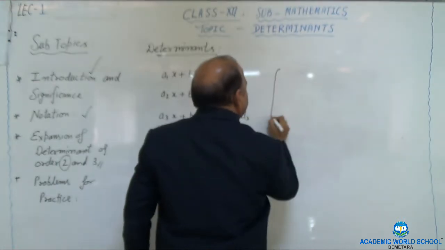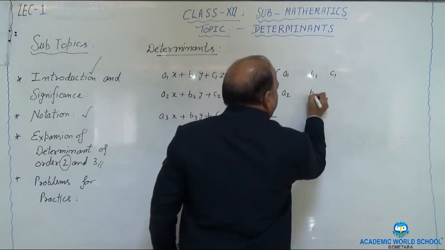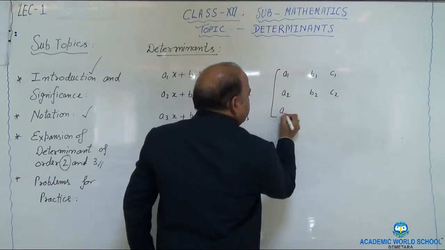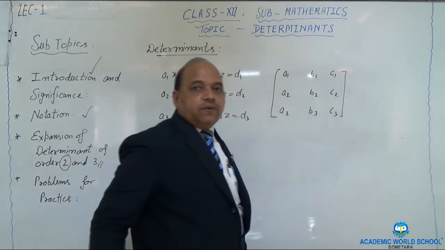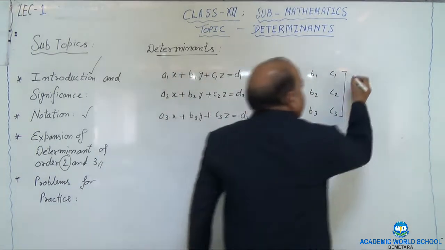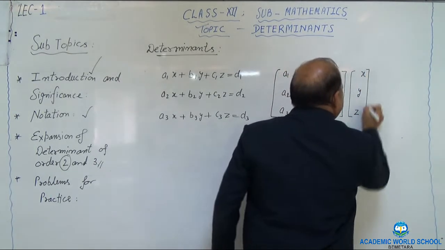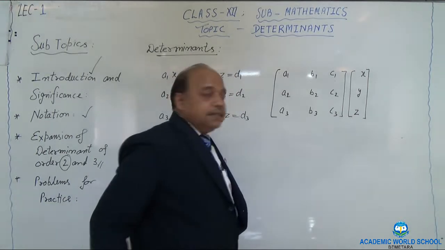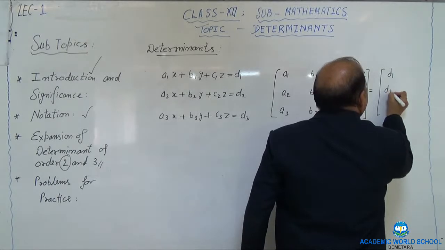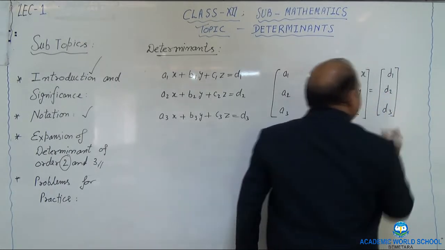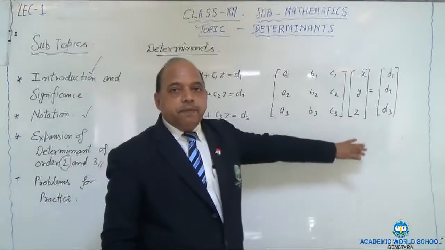Write down a1, b1, c1, a2, b2, c2, a3, b3, c3. This is my coefficients matrix, multiplied by x, y, z. This is my variables matrix. And then comes the scalar matrix d1, d2, d3. The same system of linear equations can be expressed in this form.